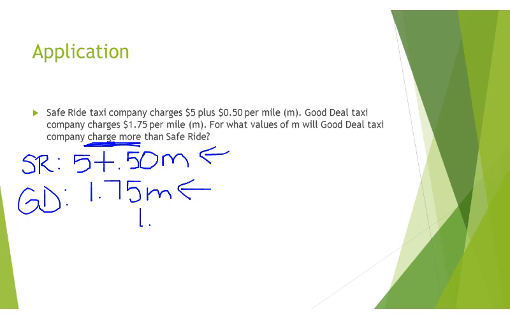So 1.75 M equals 5 plus 0.5 M. And now we just need to solve our inequality. So I'm going to subtract 0.5 from both sides.